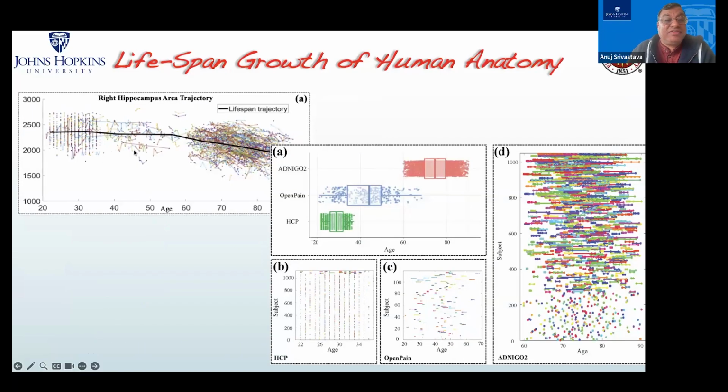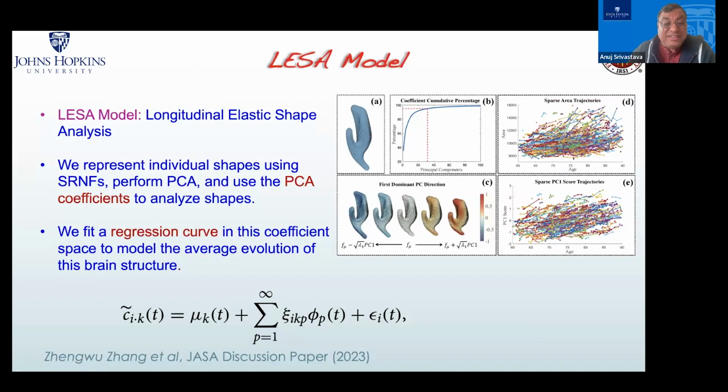We pooled data from 3 different data sets, HCP, OpenPain, and Indigo. One data set was for younger people, another was for middle-aged, and another was for older people. We pooled the commonality of structures across humans and kept the individuality. In statistics, there is a name for it: these are called mixed effect models. You have an overall mean, but you have terms for the individualities.